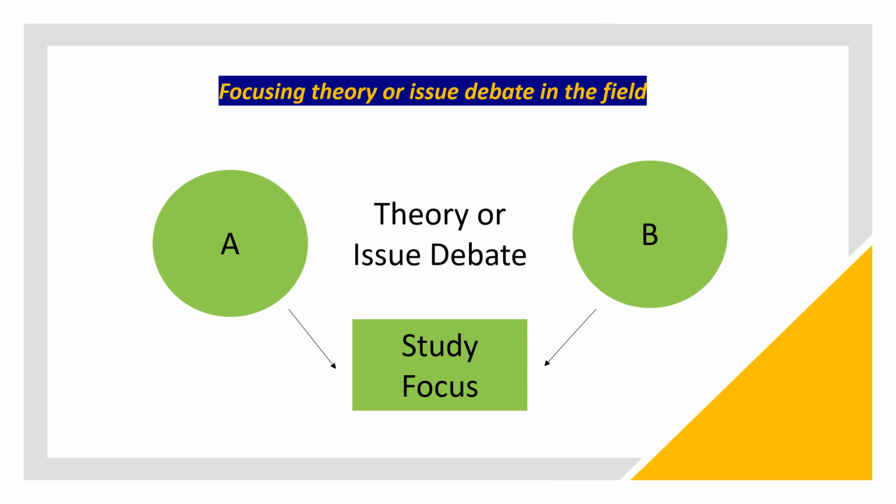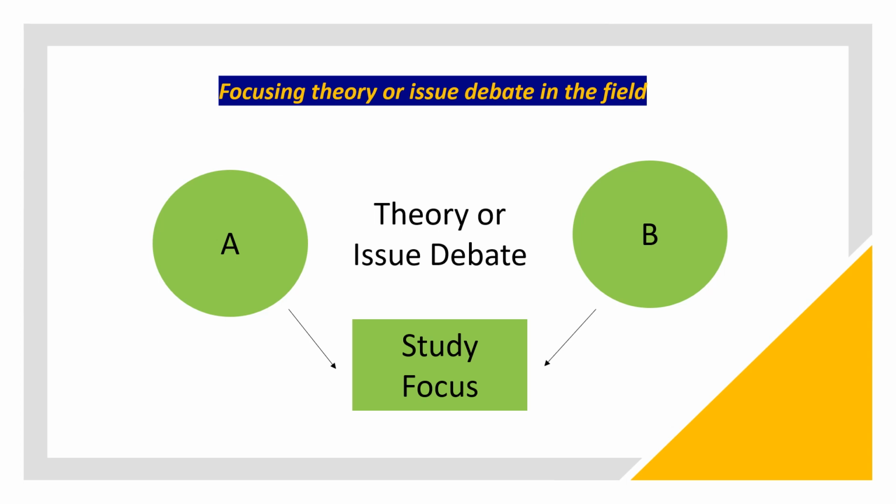Another way of writing your literature review is focusing on theory or issue debate in the field. So based on the debate, say there is a debate or a gap whether which theory really is true. So there's a debate whether A or B is true.